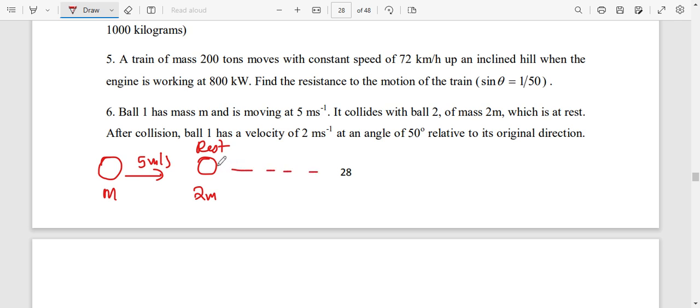So here is the motion which is happening. So this one bounces like that. So this one is going to go up 50 degrees, and it has got a velocity of 2 meters per second. This is ball 1 which has got a mass of m.